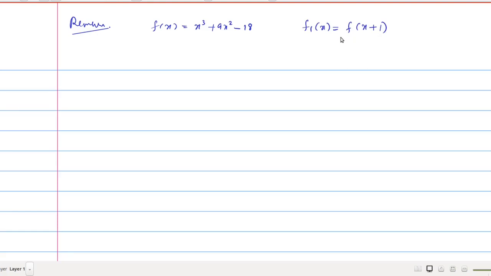This is the way we obtain a new equation whose roots are obtained by diminishing the roots of this equation by 1. Just replace x by x plus 1 in f of x, and that will give a new f1 of x. In the previous problem, you have seen that this is x cube plus 12x square plus 21x minus 8.